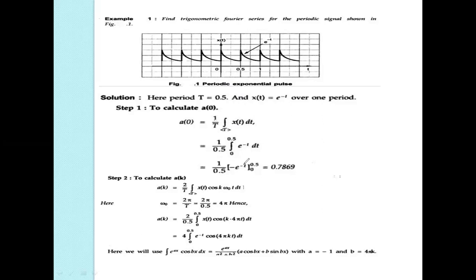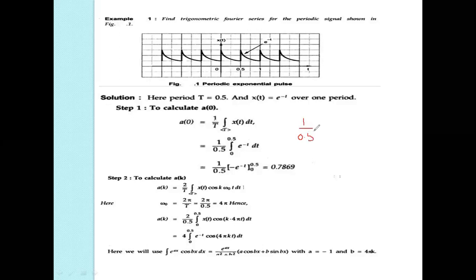The integral of e power minus t is e power minus t by minus 1, so minus e power minus t, with upper limit 0.5 and lower limit 0. And 1 by 0.5 is nothing but 2.